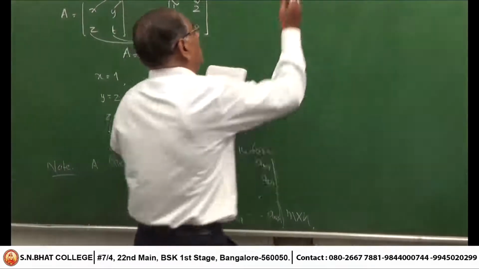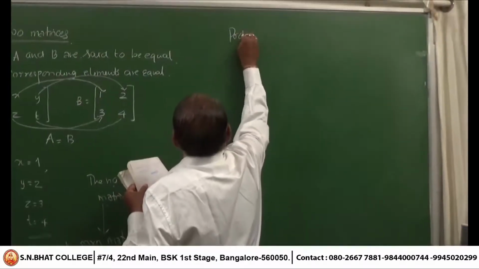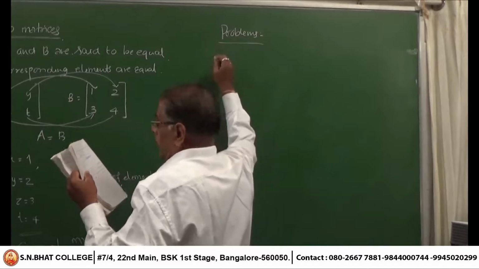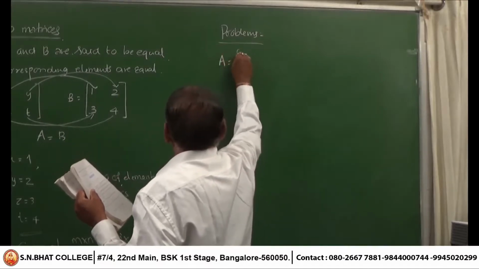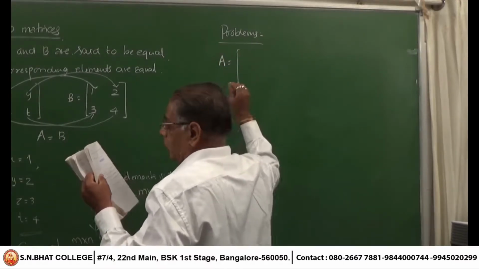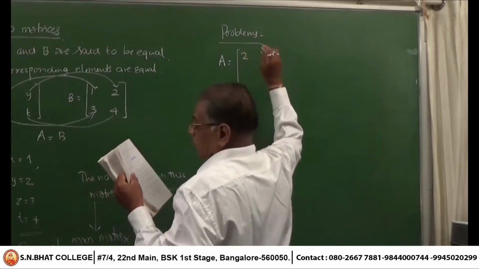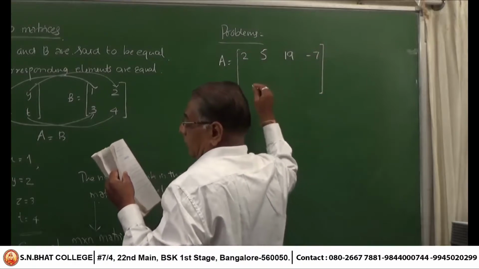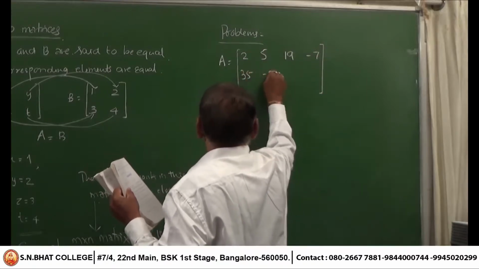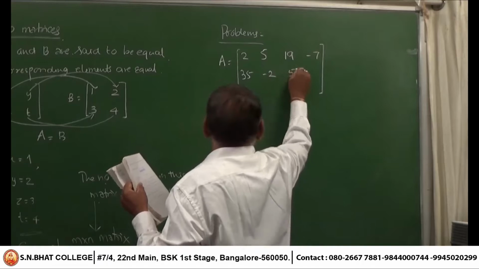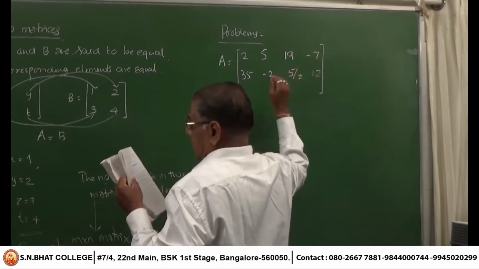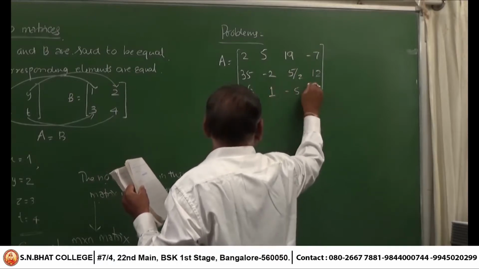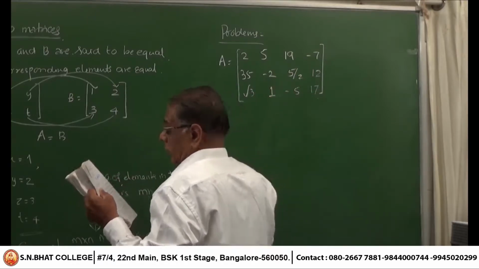Take down the problems. First problem: matrix A is equal to 2, 5, 19, minus 7, 35, minus 2, 5 by 2, 12, root 3, 1, minus 5, 17.